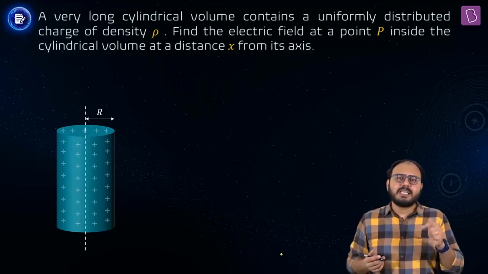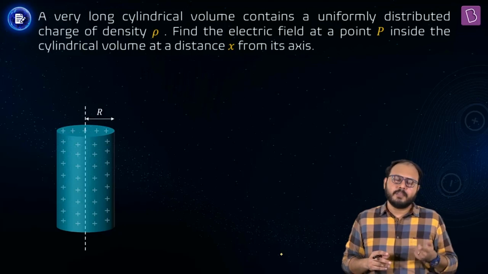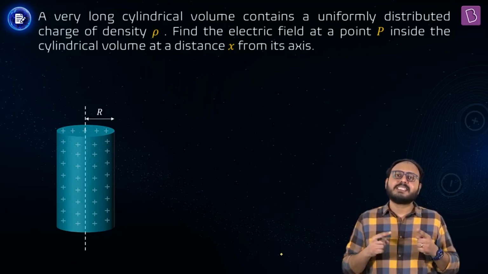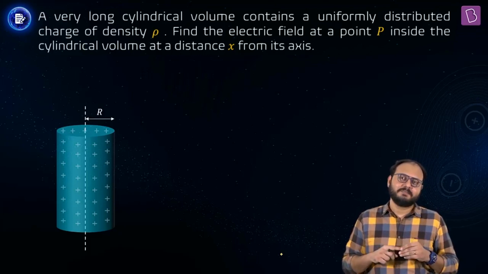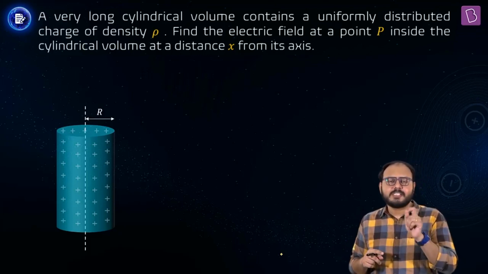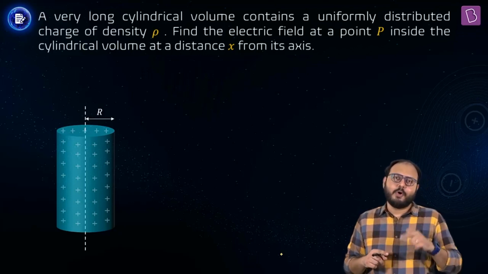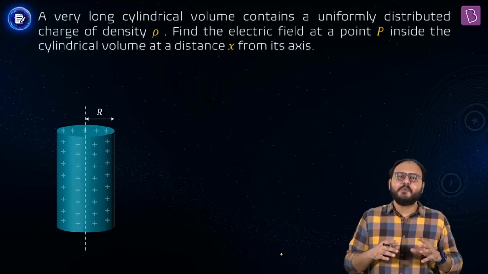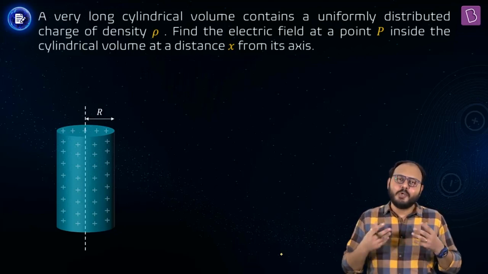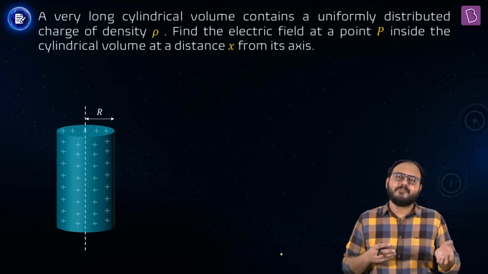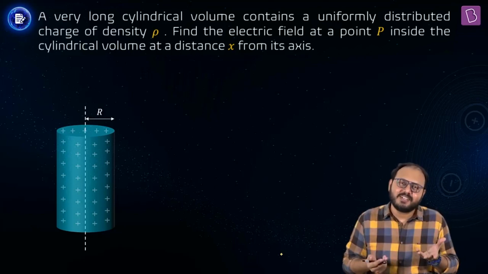Because if it was conducting, my dear, the entire charge would have come on the surface. Under electrostatic conditions, if you want the charge to be distributed in the volume of a body, that volume cannot be conducting in nature.